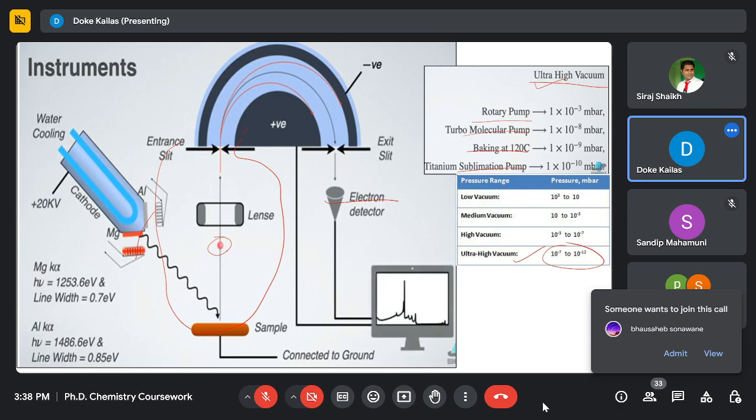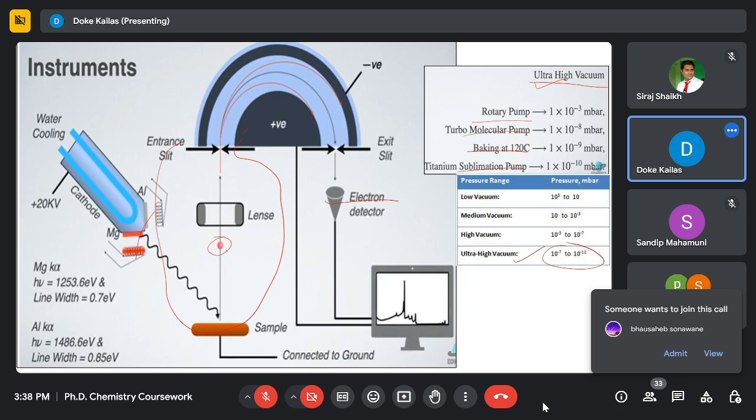And here the spectrum is recorded using an aluminum K alpha source, aluminum K alpha X radiation. On the y-axis, the number of electron counts, or intensity, is recorded. And on the x-axis, there is an increase in kinetic energy.